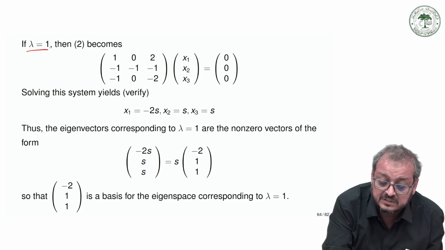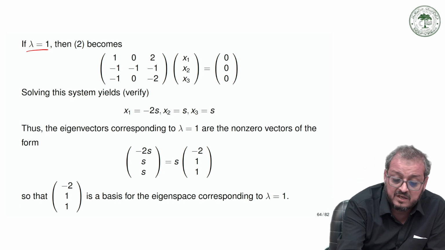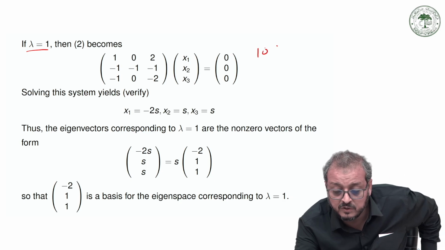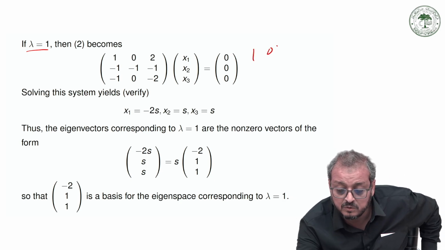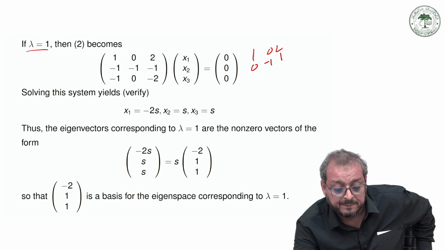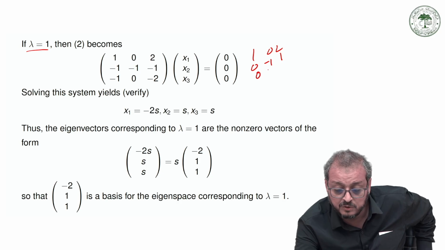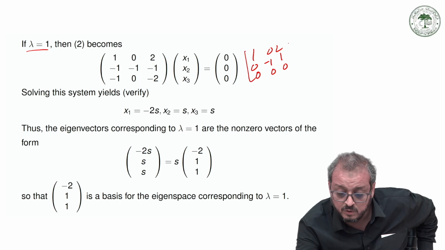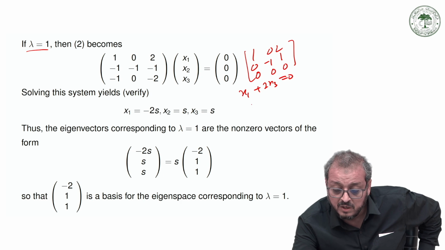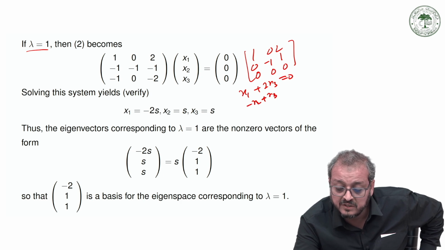Again using the same technique, the Gauss elimination method, and adding these rows, we get the equations x1 plus twice x3 is equal to 0, and minus x2 plus x3 is equal to 0.